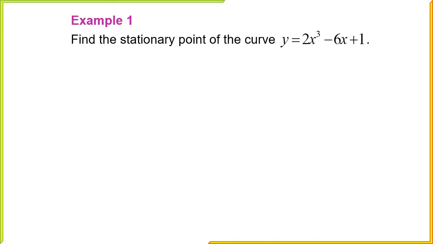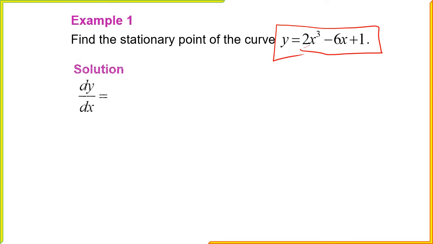So let's see some examples. Here, find the stationary points on the curve y equal to 2x cubed minus 6x plus 1. To find the gradient, first of all, we need to find dy/dx. So we differentiate both sides. On the right side, we will get 6x squared minus 6. If we want to find the points that have gradient equal to 0, we have to let dy/dx equal to 0.